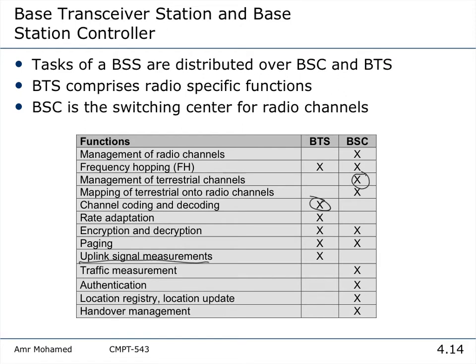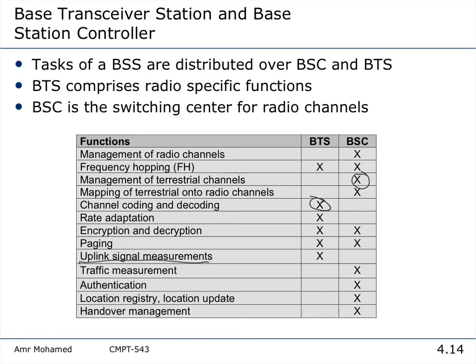The base transceiver station needs to measure the round trip time of information for every single mobile station in the cell. Based on this measurement, it says that the performance of data transmission to this mobile station is very bad, so I cannot continue sending information to this mobile station anymore, and this mobile station needs to perform a handover or something like this.